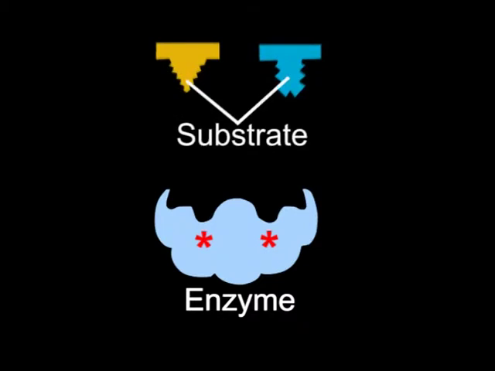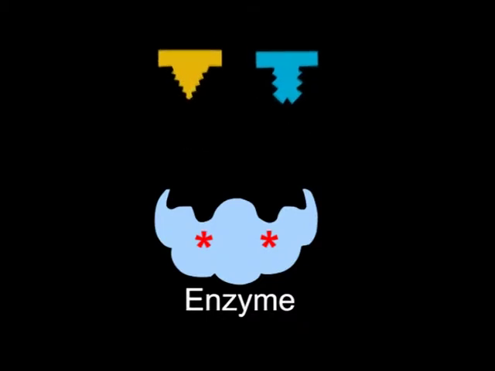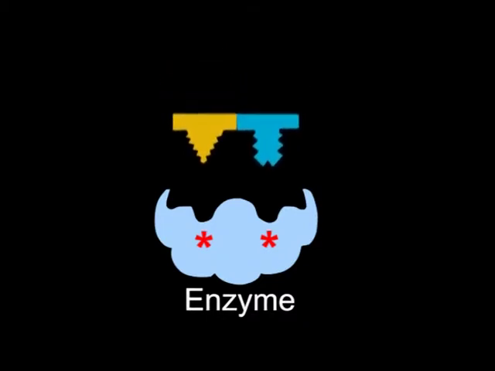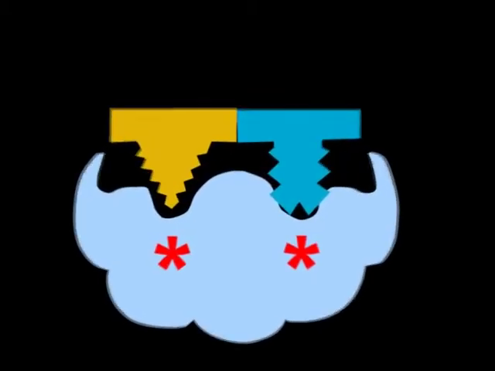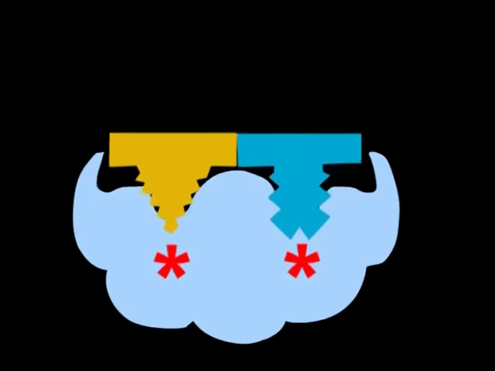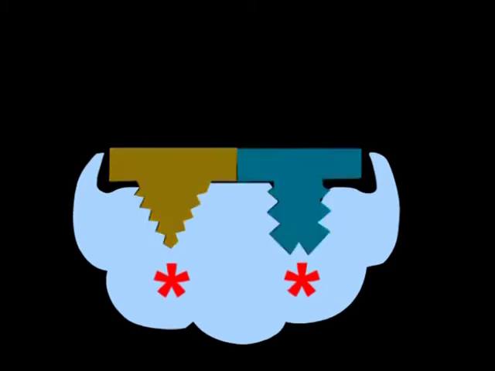When the substrate molecules bind to the enzyme molecule, a change is brought about in the active site to precisely fit the transition state. This induced fit holds the substrates at the correct angle for the reaction to take place, as you can see here in the visual.